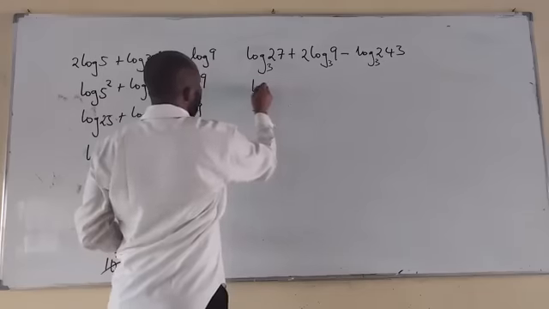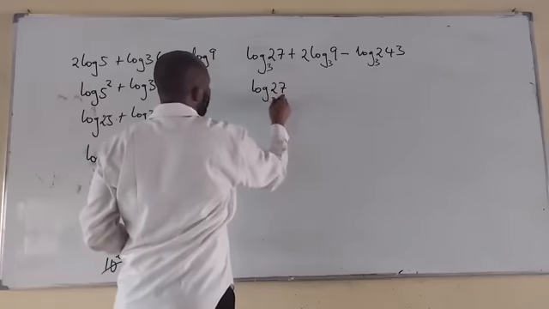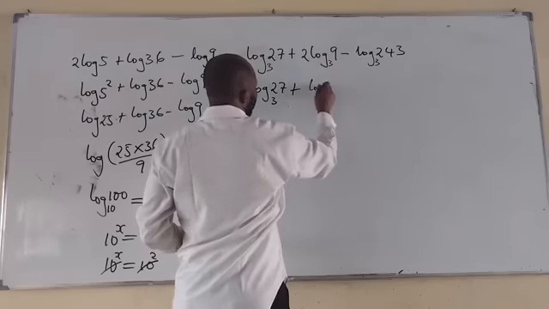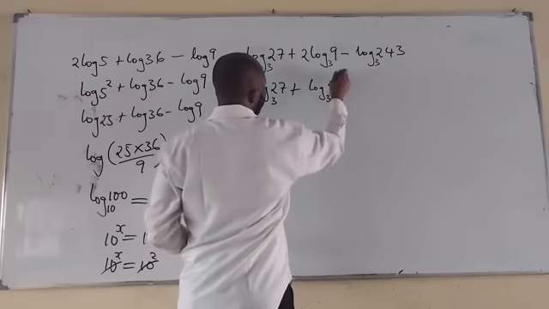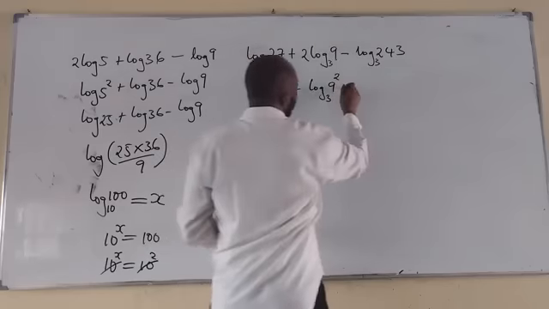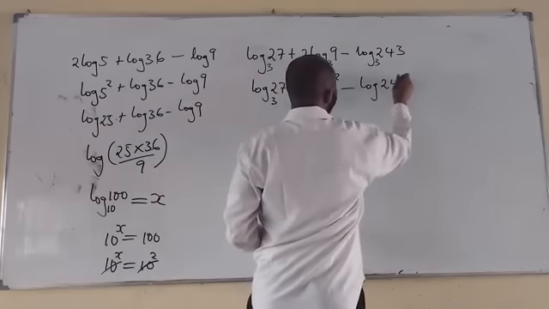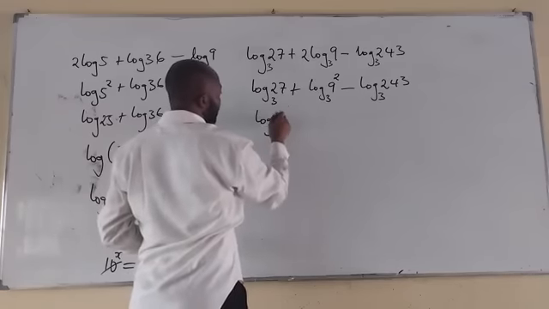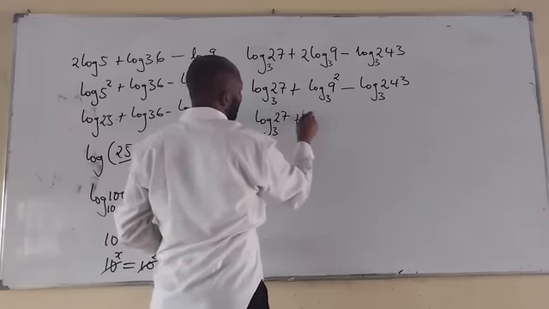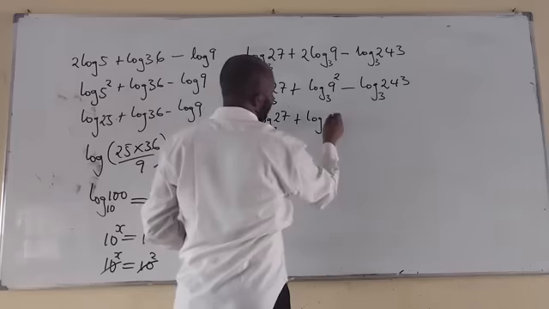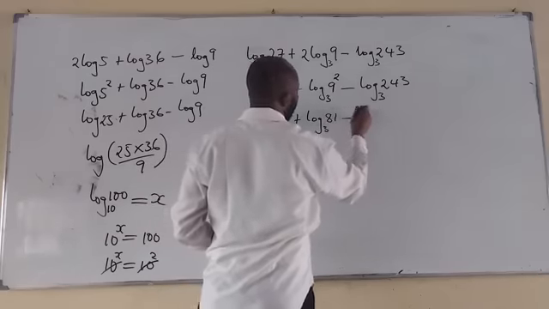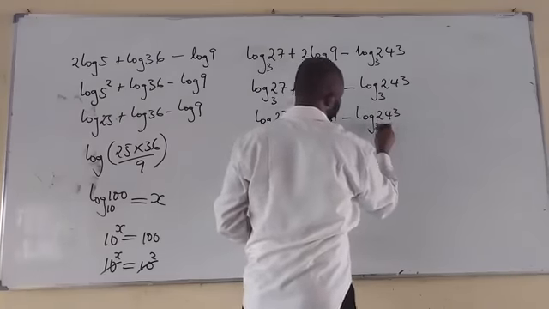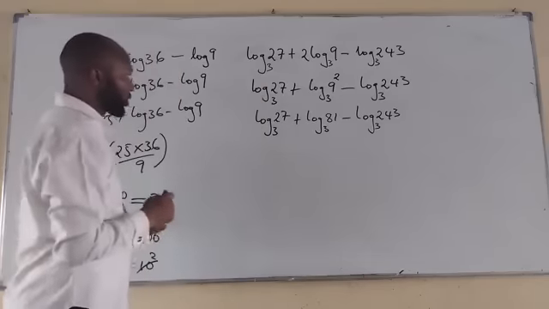So this is the same thing as log 27 in base 3 plus the 2 will go back as power, log 9 in base 3 raised to the power 2, minus log 243 in base 3. This is the same thing as log 27 in base 3 plus log 81 in base 3 minus log 243 in base 3. Now apply the laws.